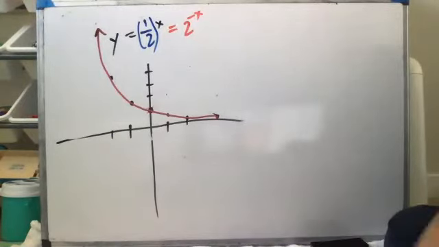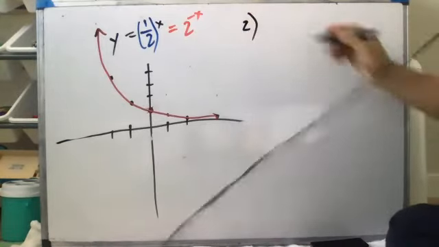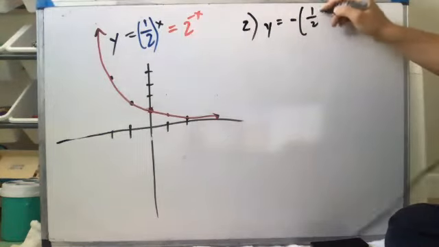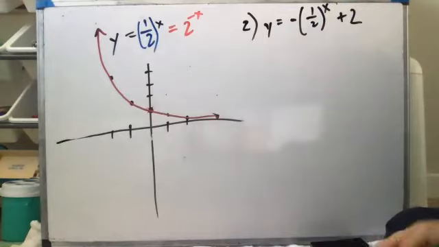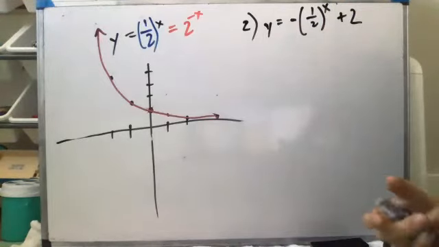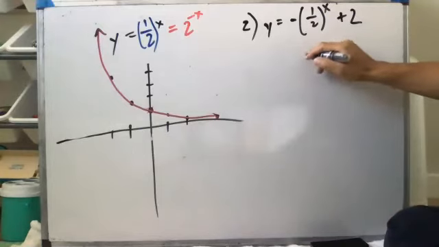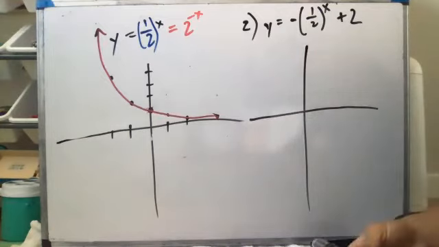Okay, let's try number 2. This is y is equal to -1/2 to the x plus 2. Do you know when I taught you guys how to do the different transformations of graphs?